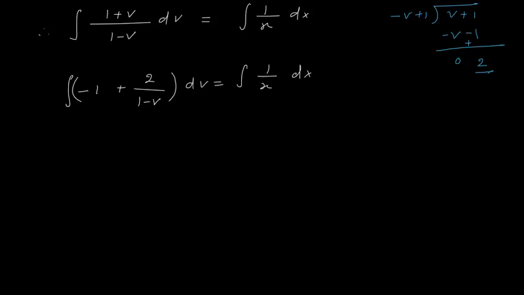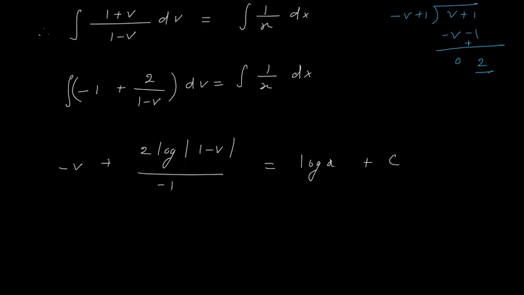Now when I integrate, I have minus v plus 2 log of 1 minus v, and since the coefficient of v is minus 1, I will divide by minus 1, is equals to, on the right hand side, log x plus some constant c.